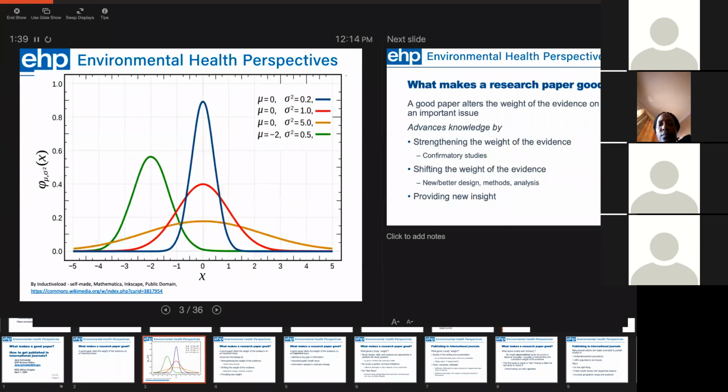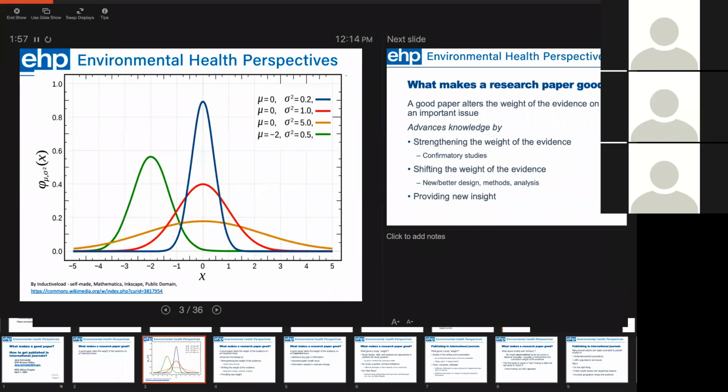And so when we get new papers, I actually think of the weight of the evidence like a normal distribution. So a paper about a topic where there's no information at all is like the bold curve on the bottom, where there's very little information, and then something that adds to the weight of evidence would be like the red curve or the blue curve.